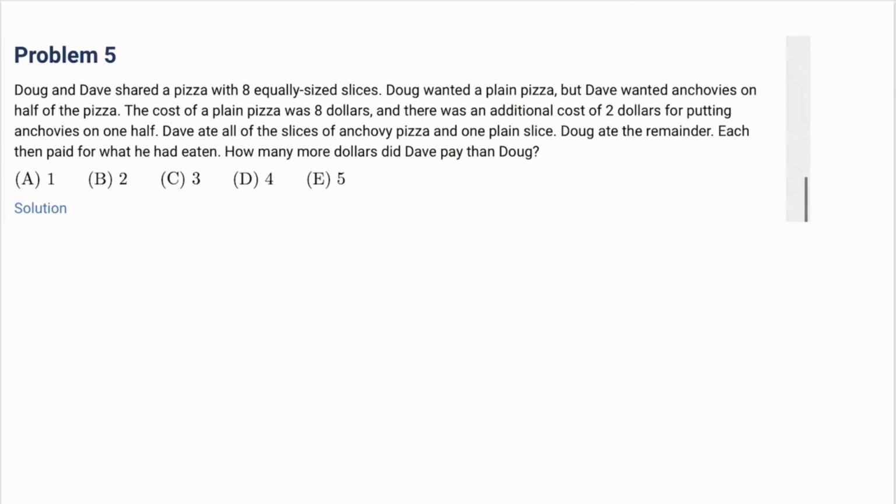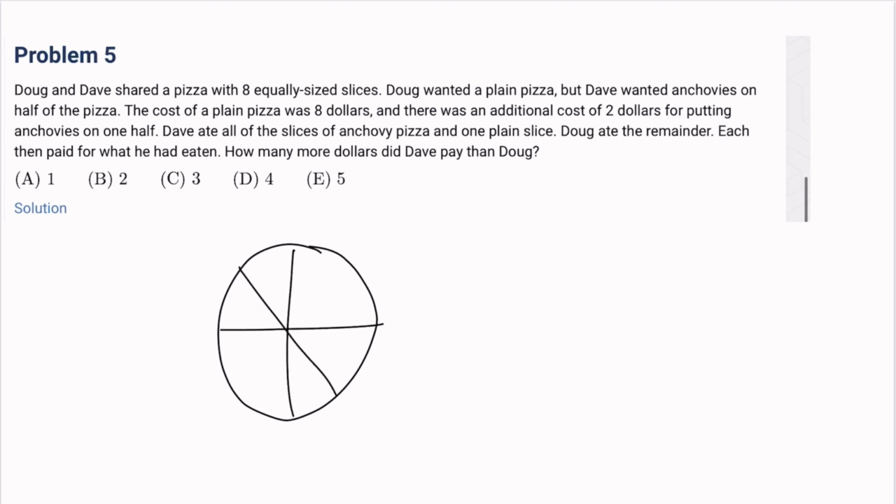Okay, so the cost of a plain pizza was $8, but then the slices were 8 equally sized, right? And so if we have a pizza here with 8 slices, then each slice is going to cost $1 at base, right? And then Doug wanted plain, but Dave wanted anchovies on half. So there was +2 for eating anchovies on one half, right?